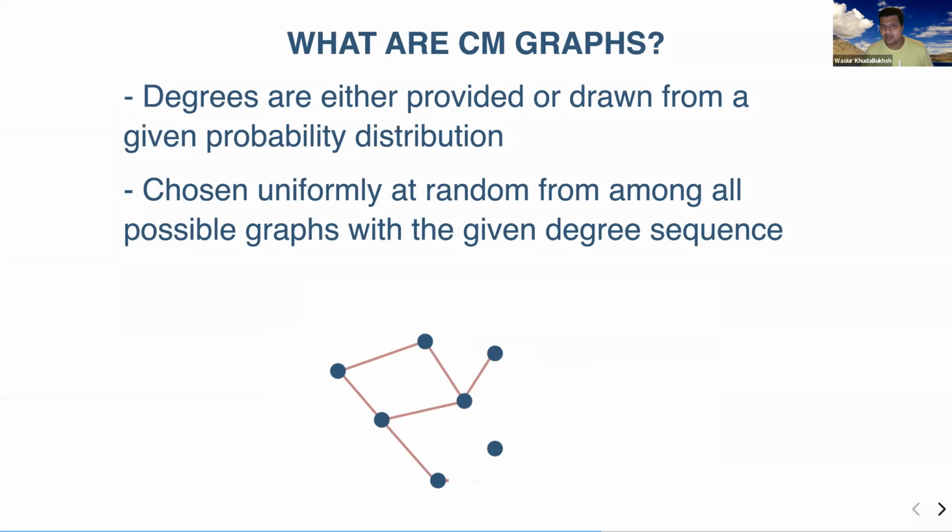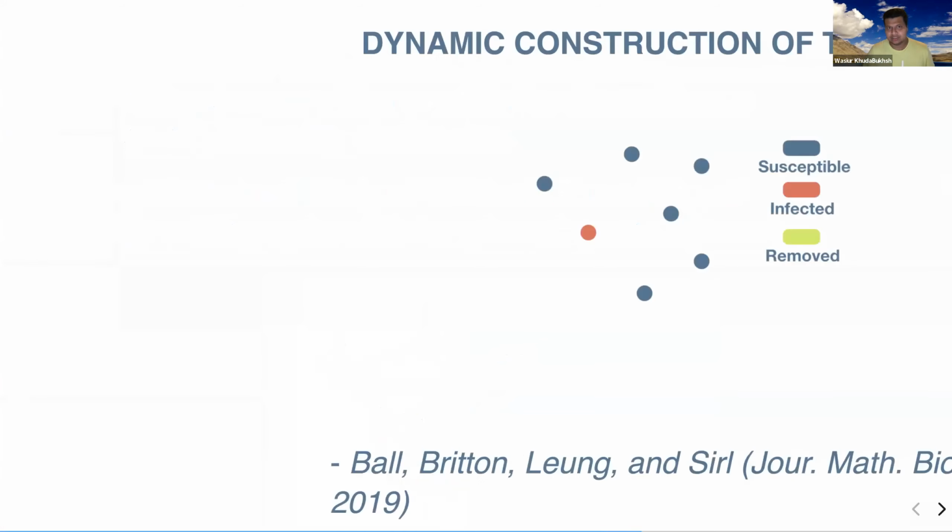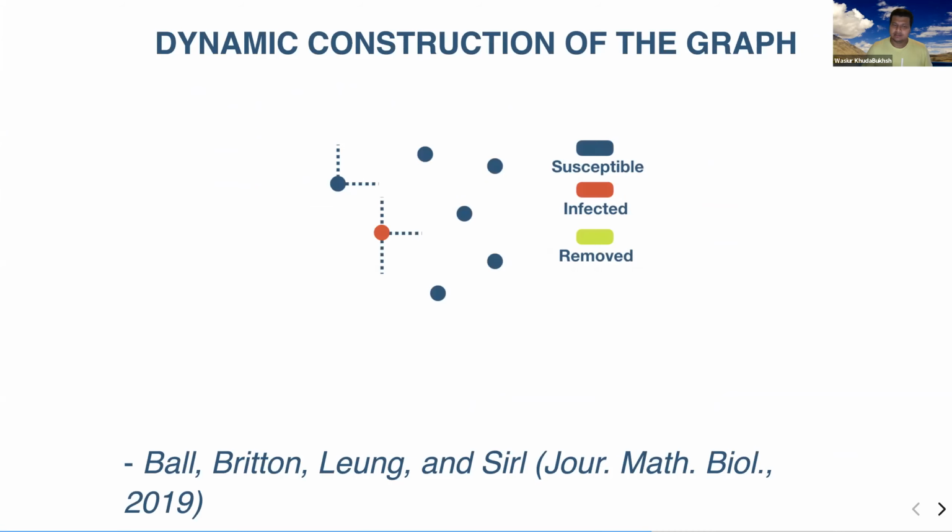It's a nice model. And then how do we describe the spread of the disease on this network? Well, the description that we adopt here is basically a dynamic construction. We have these vertices with some initial statuses: susceptible, infected, and removed.